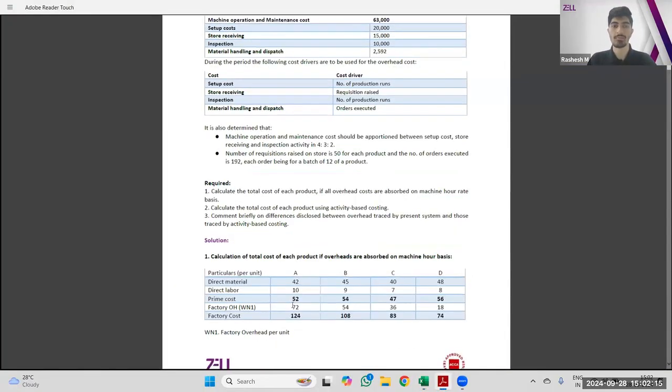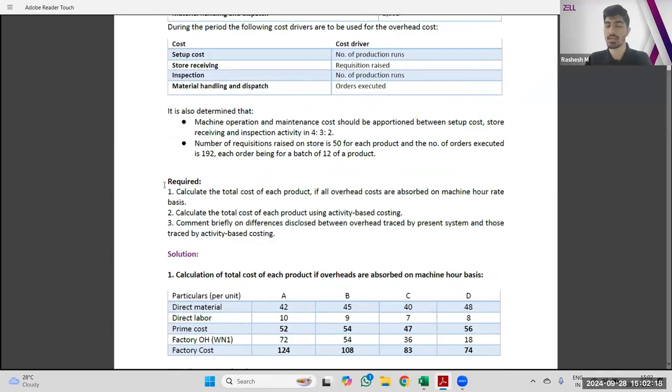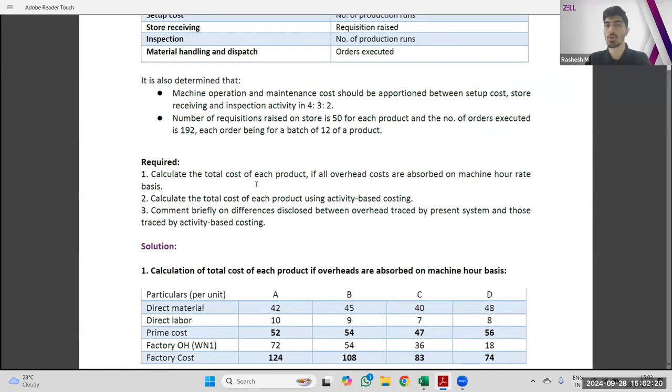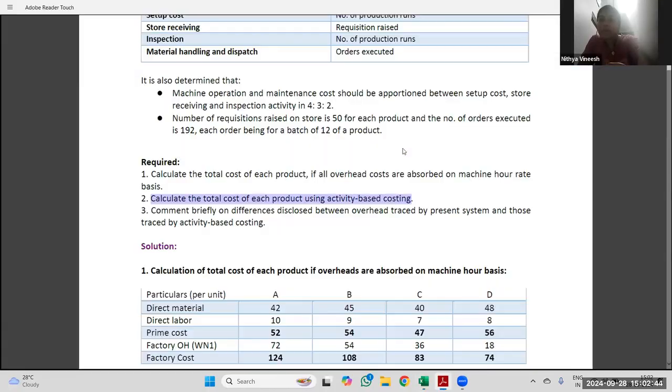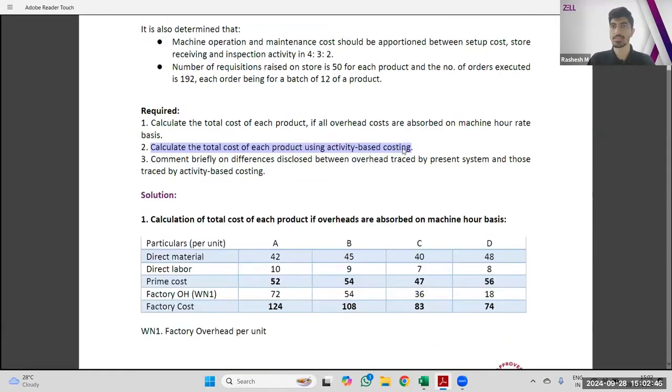In this requirement, the very first thing that they are asking us is to calculate the total cost of each product if all overhead costs are absorbed using a machine hour basis. So basically absorption costing method, but machine hour basis. Then it asks us to calculate it using activity based costing. So let's do it one by one and then let's discuss the third requirement. So page number, please. This is on page number 26.